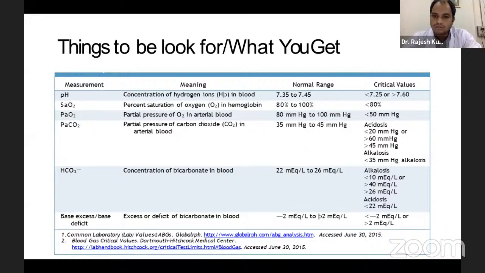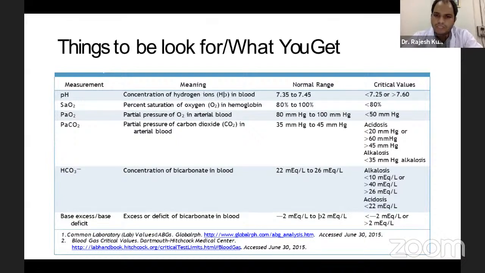So keep in mind, room air means whatever FiO2 you are giving, your PO2 depends upon that FiO2. A patient who is receiving room air and presenting with a PO2 of 80 is good enough.